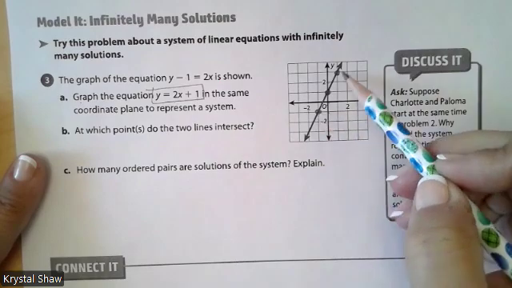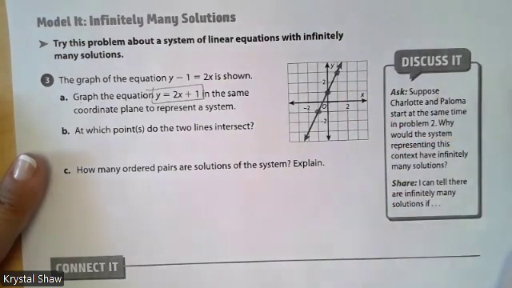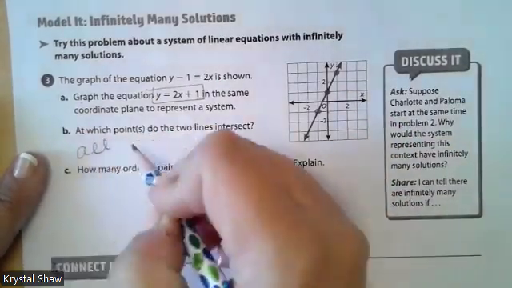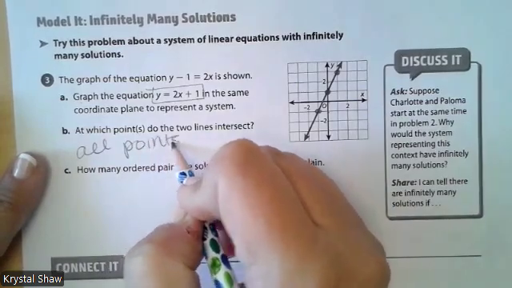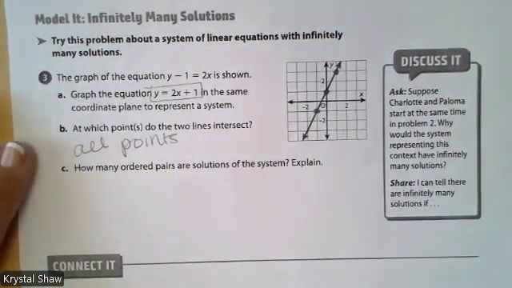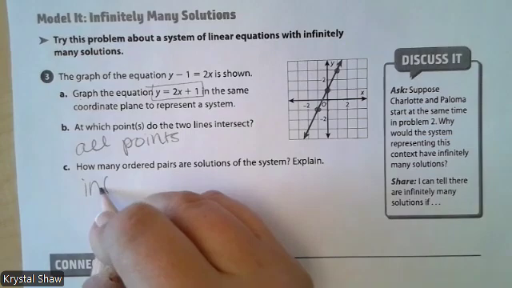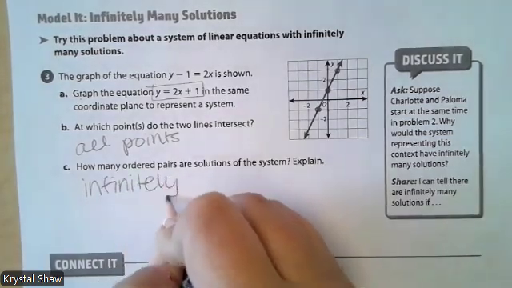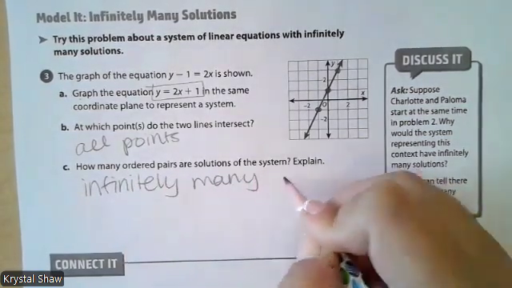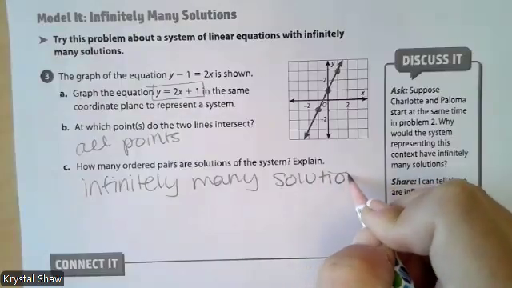And which points are the same? You can see here, all points are the same. So how many ordered pairs are solutions of the system? This would be infinitely many solutions.